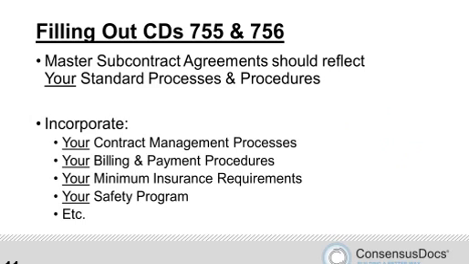And so what you want to make sure is that when you're creating this master subcontract agreement, whether you're filling out this 755 or whether you're using the terms and conditions from the 755 to structure your own master subcontract agreements, it needs to reflect your standard processes and procedures.